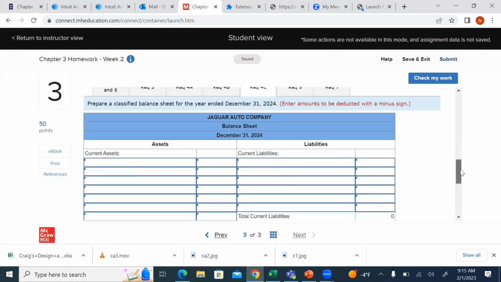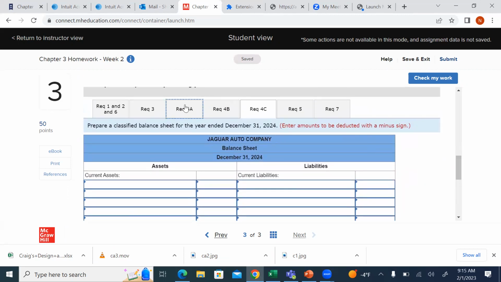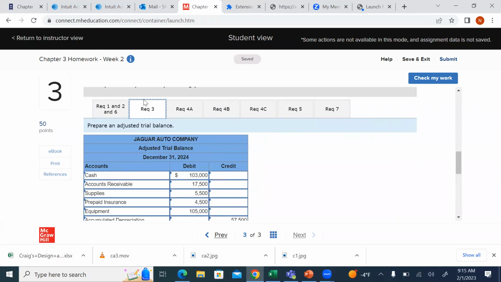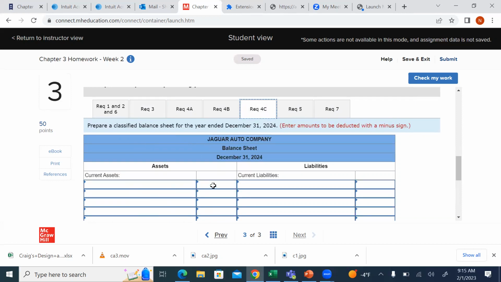So if we go to the adjusted trial balance, we will see cash of 103, accounts receivable of 17,500.